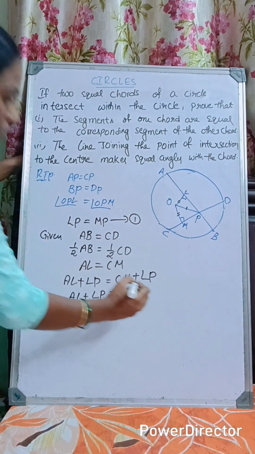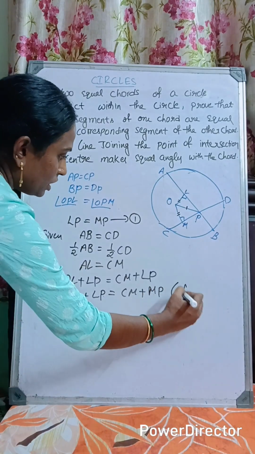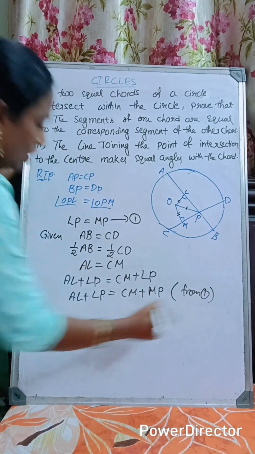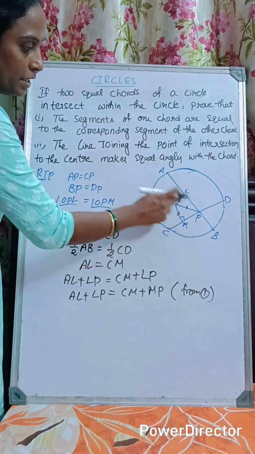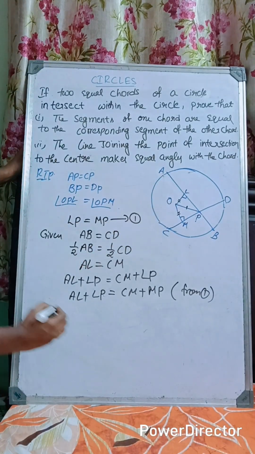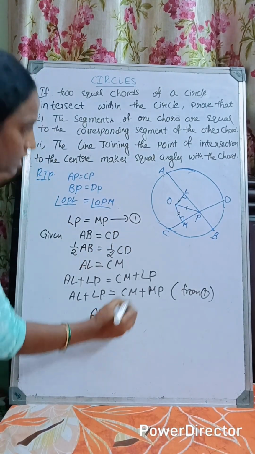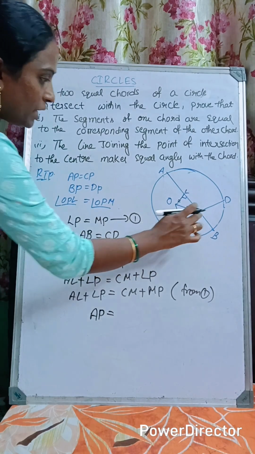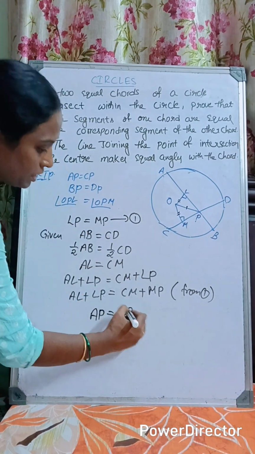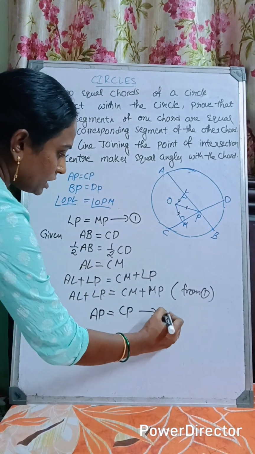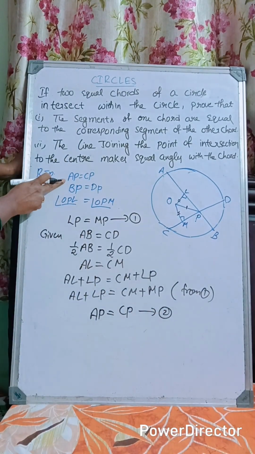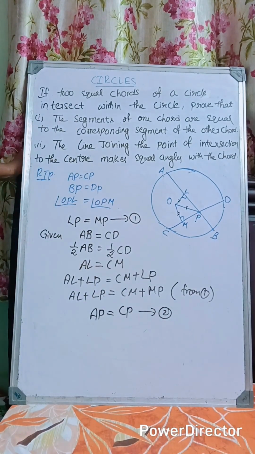Yes, it is from equation number 1 here. Now, AL plus LP is AP, and CM plus MP is nothing but CP. Correct? We have got it. Now let's give this as equation number 2. What was required to prove, AP is equal to CP, we got.